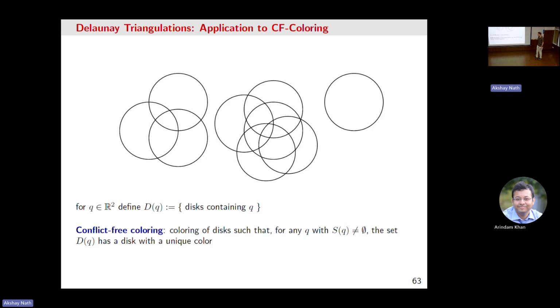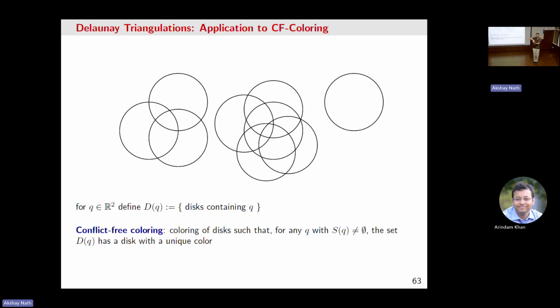I want that in this set DQ, among all the colors, there's at least one disk that has a unique color, because then I can use that one for my phone call. So I want to color the disks such that whenever you are somewhere in the union of these disks, there's one disk among the ones that contain that point that has a unique color. If you're outside, you don't have connection, there's nothing you can do.